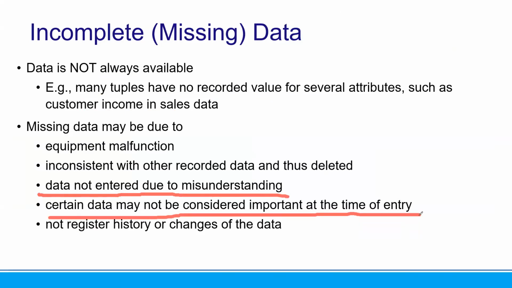So maybe when you apply for a membership, the person think that it is not important to get your address. So it is empty or it is blank. Not register history or changes of the data. So maybe you already moved your original hometown, for example, Jeju, but you already moved to Yongin. So it's also like incomplete or missing.